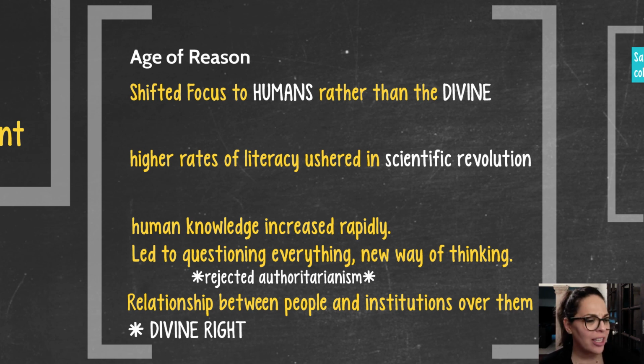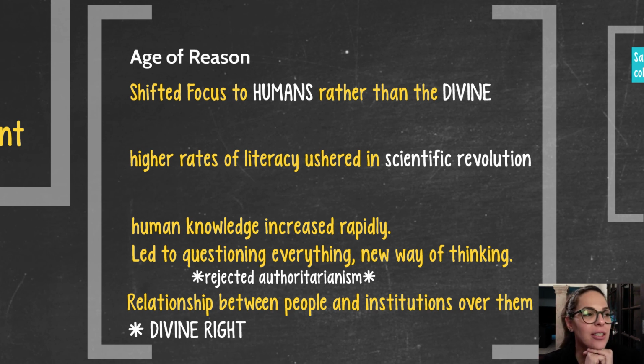But this is all going to start to break away as a result of a desire to know more, to question things. You got these amazing philosophers that come out of this, like Voltaire, Jean-Jacques Rousseau, who else? Montesquieu.